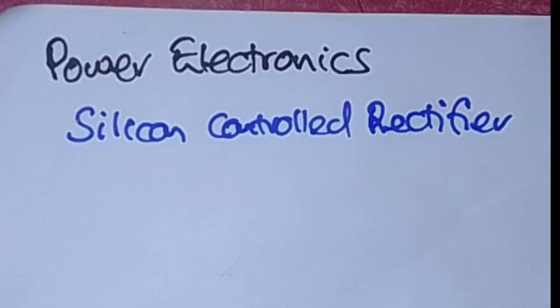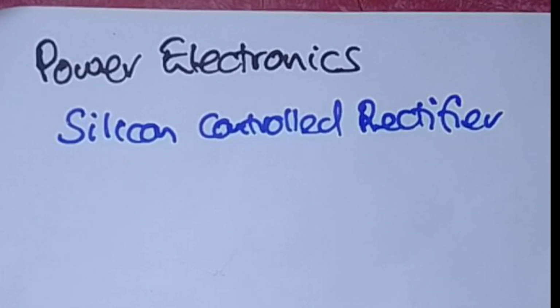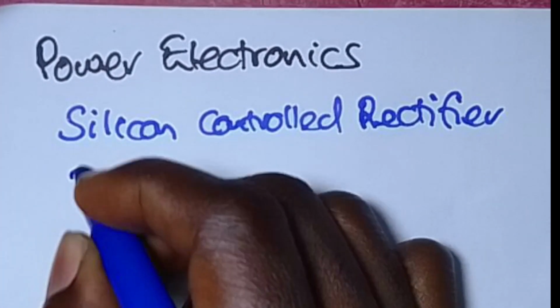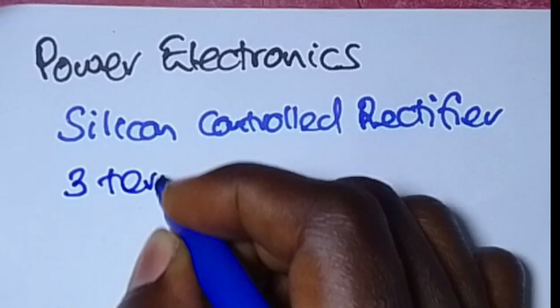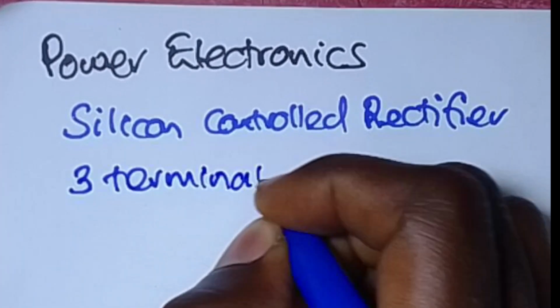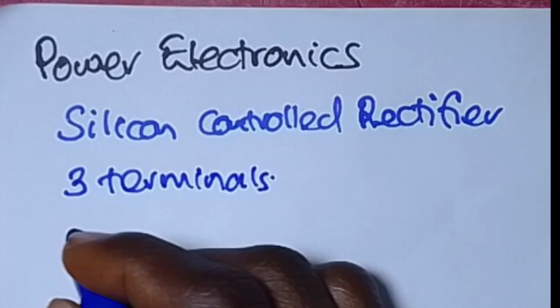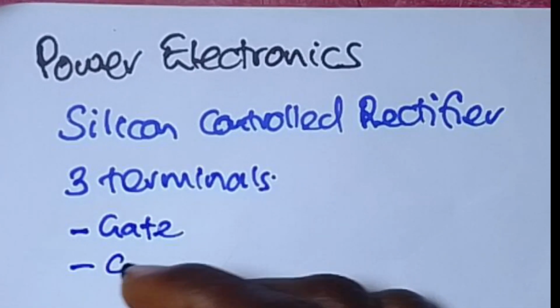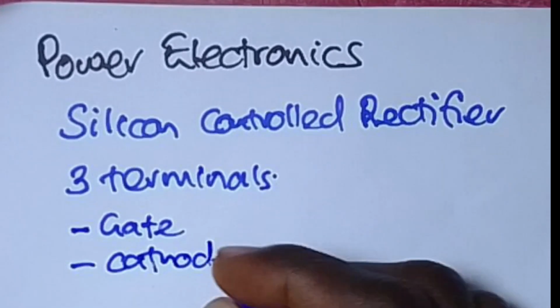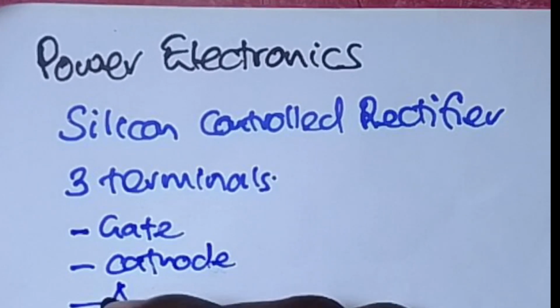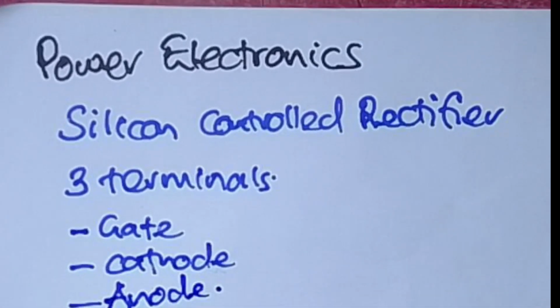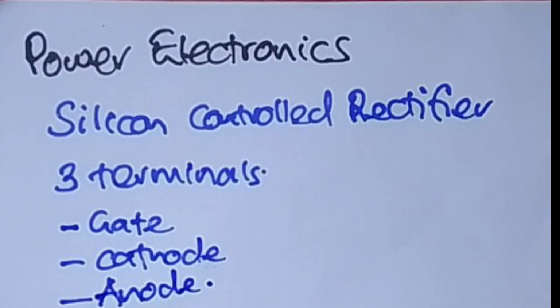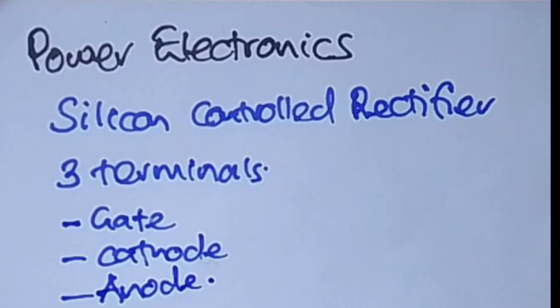This silicon controlled rectifier is a 3-terminal device. It has 3 terminals, that is the gate, the cathode, and the anode.